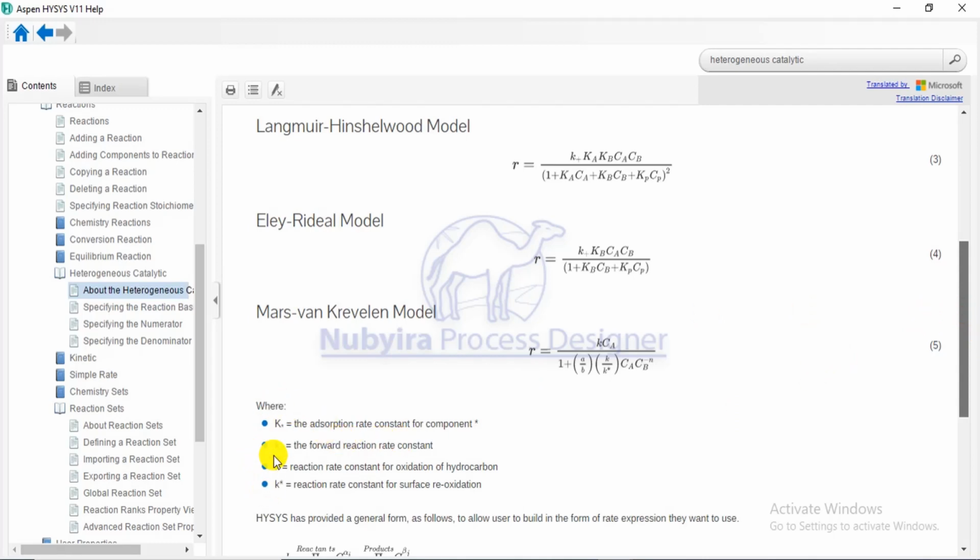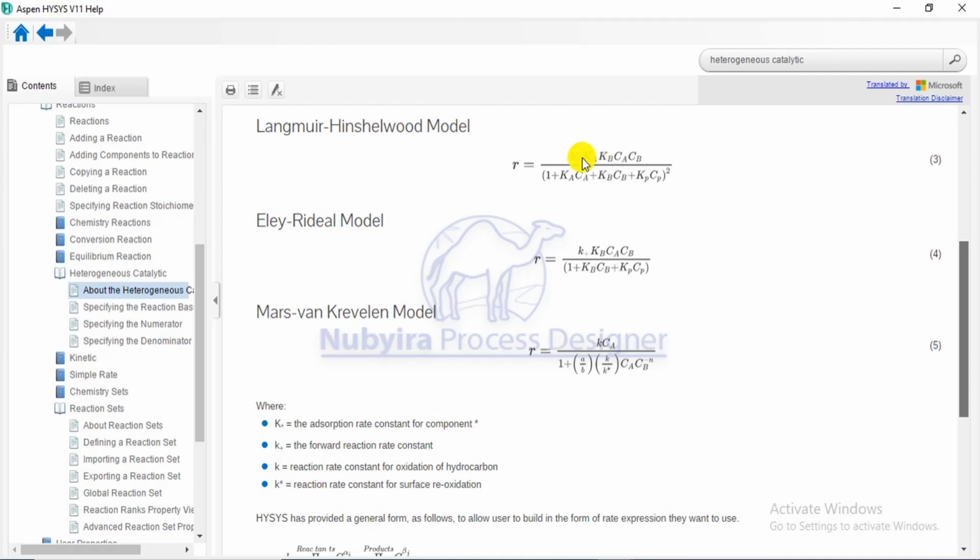From here we have our K plus in the numerator. The K plus is the reaction rate constant. Then the capital K that we have is the adsorption rate constant for that particular component.